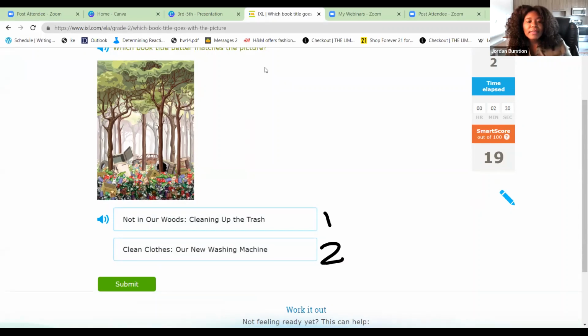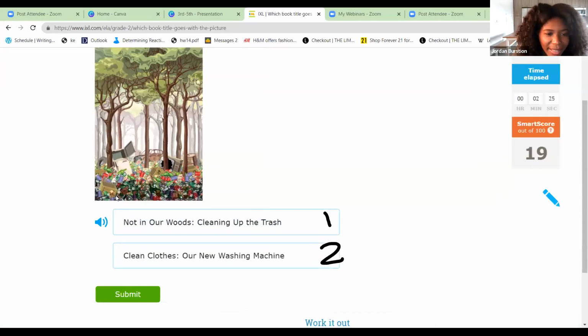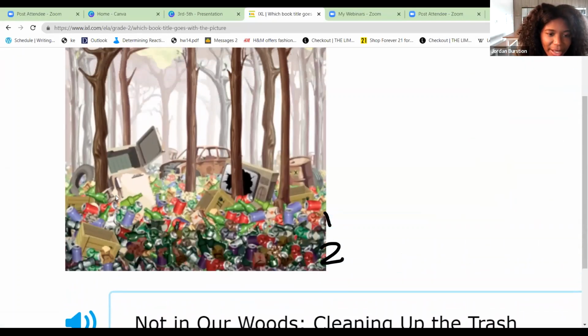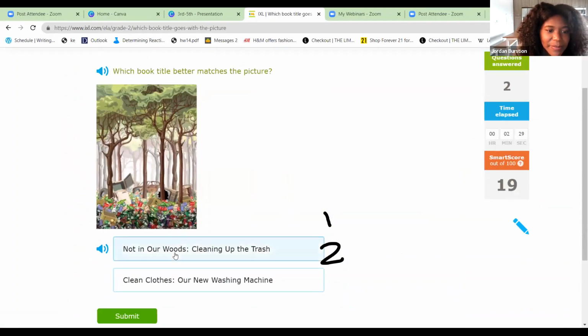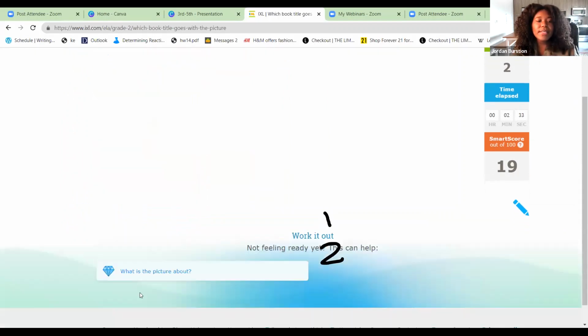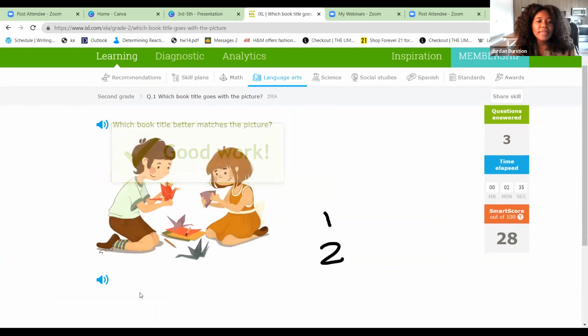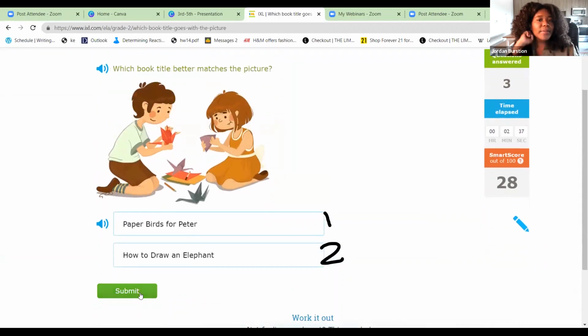One. Not in our woods, cleaning up trash. You are correct. They have so much trash out in the woods. So much trash. Okay. So I'll click submit. Okay. And we can do a couple more, and you tell me when you get bored and you want to do something else.